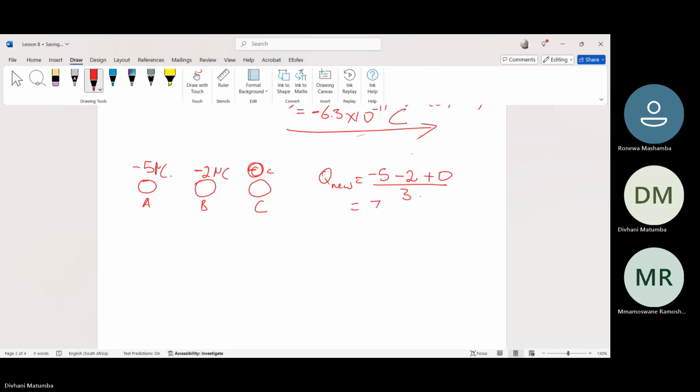Okay, so this will be minus, what would be the answer? Everything would give us negative 2.33. Aha, I love this.